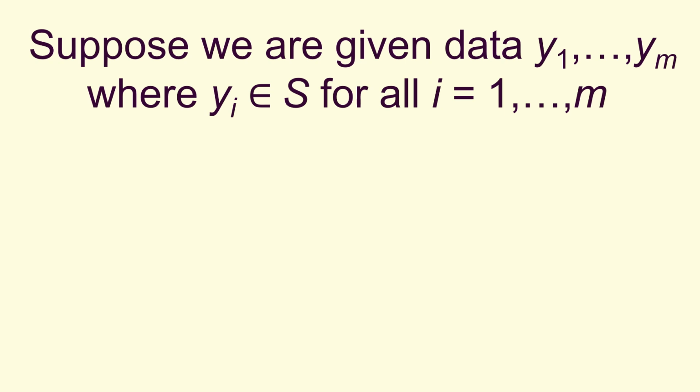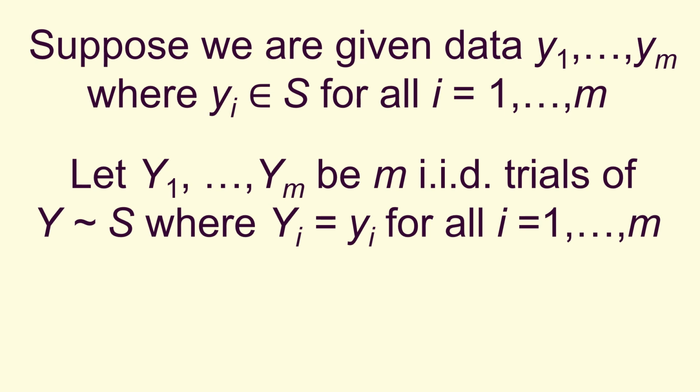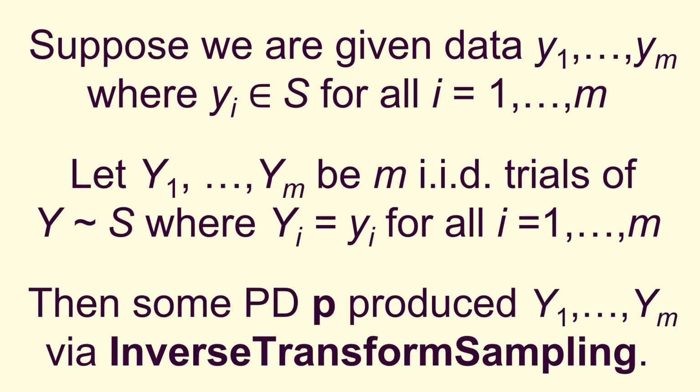Suppose we were given data where the y sub i's are in S for all i equals 1 to m. Then define variables capital Y1 to capital YM so that they're identically and independently distributed trials of y associated with S, and suppose that Y sub i is the outcome little y sub i in the data set for all i equals 1 to m.